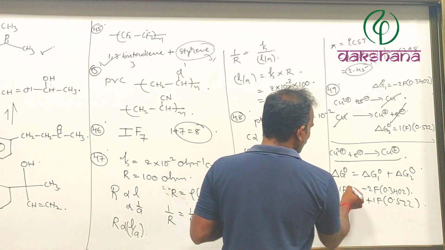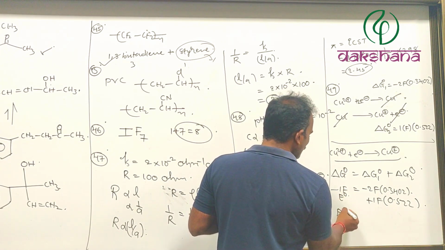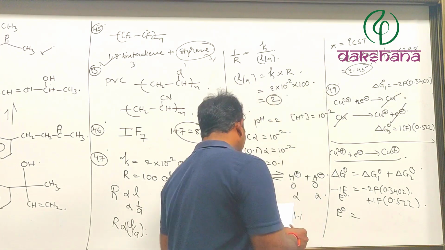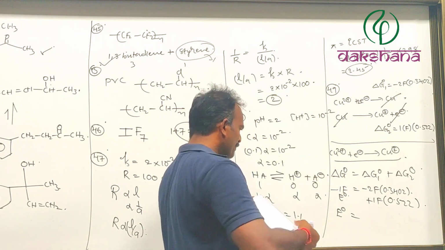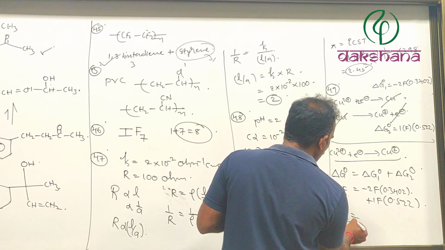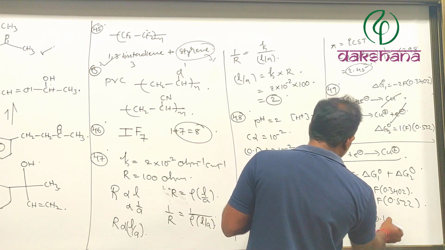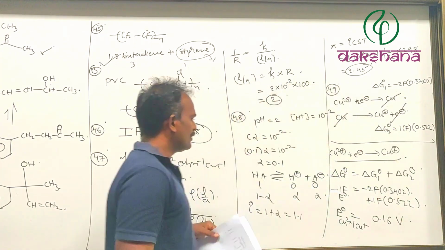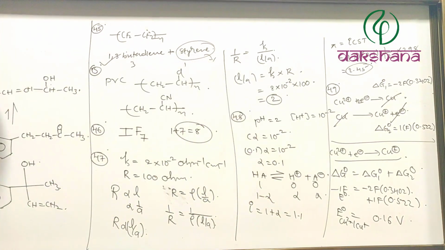So E naught will come approximately around 0.16 for Cu2+ to Cu+; you can check it. But on the whole, this is the same proforma.